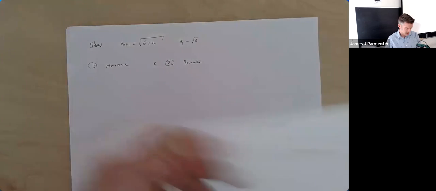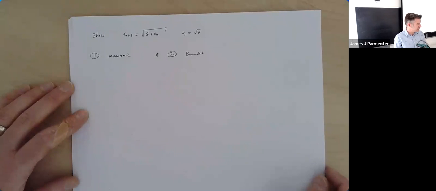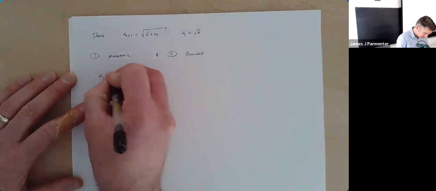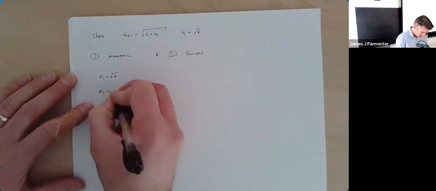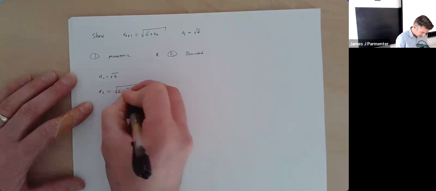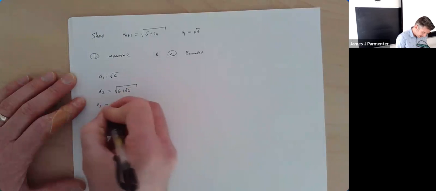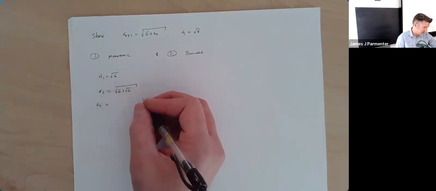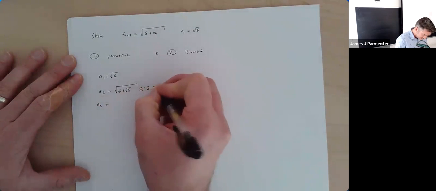It's probably increasing. Let's think about it. A sub 1 is root 6. And a sub 2 is the square root of 6 plus the square root of 6, which is certainly bigger, approximately 2.91.